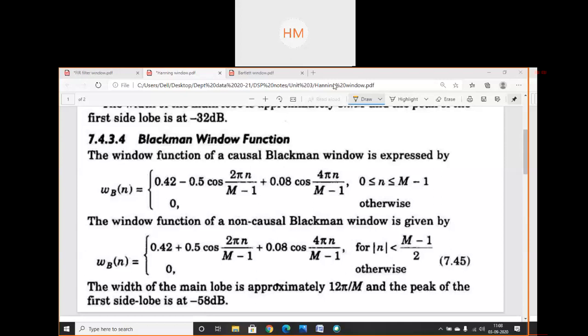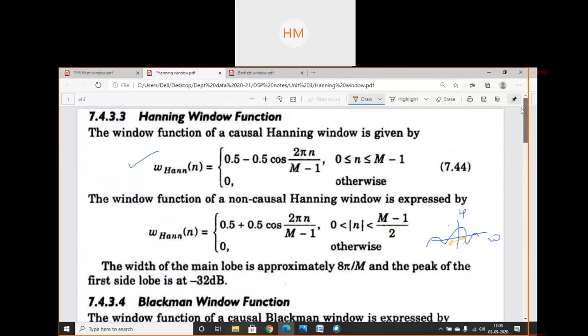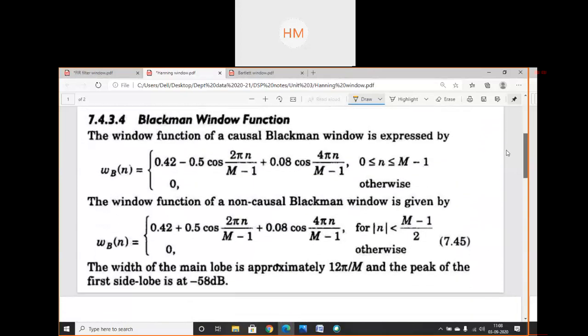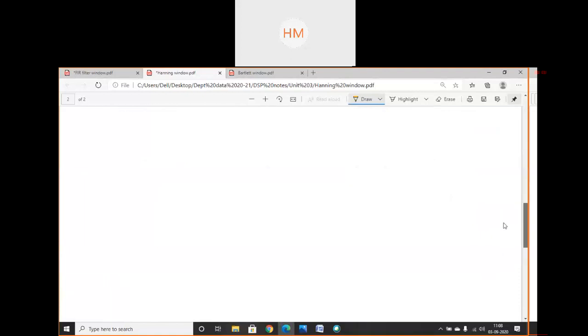So you have to remember these equations properly to simplify the numericals. Okay, students. After the Hanning window function comes the Blackman window function.